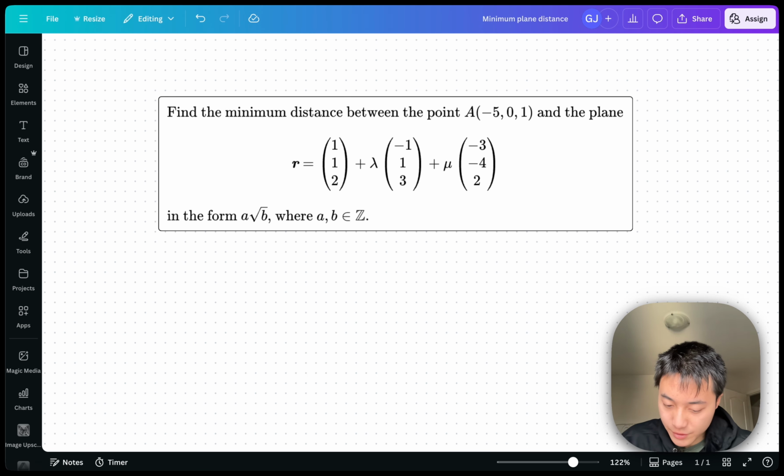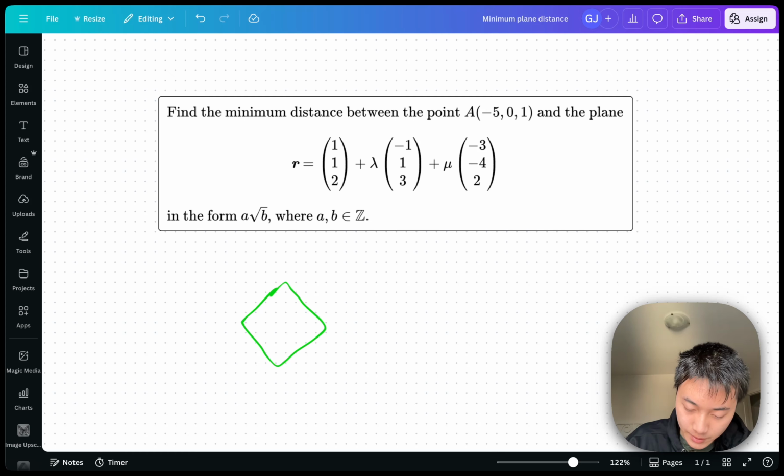Okay, how do we approach this question? I guess we can start by just drawing the whole thing out. There's a plane somewhere, and there's a point somewhere at (-5, 0, 1), and the equation of the plane is r.